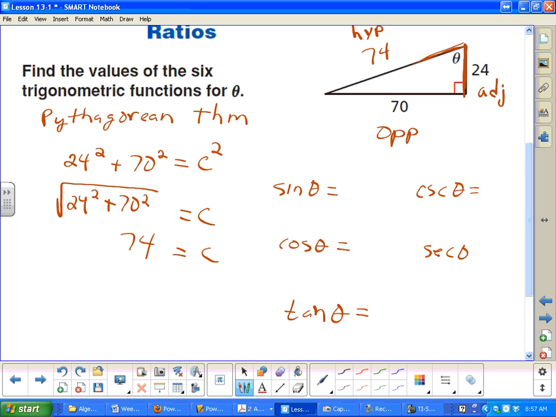Secant is the reciprocal of cosine, so I'll put it across from that. Cotangent is the reciprocal of tangent, so I'll put it across from that. Now make sure you're always putting theta, okay? Don't just put COT, SIN, like that. You have to put the angle that we're talking about now.